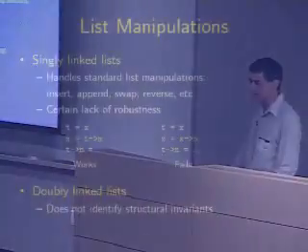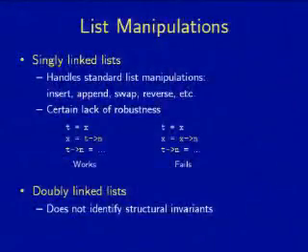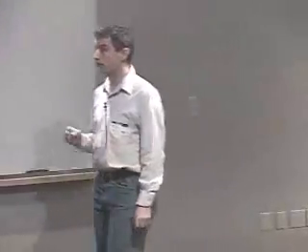First, we looked at some standard list manipulation algorithms, and then we looked at a few larger programs. About list manipulations, first we looked at manipulations of singly linked lists. And this approach worked well for all the algorithms that we looked at: insertion, deletion, reversal, and so on.